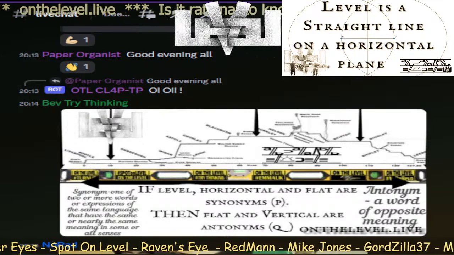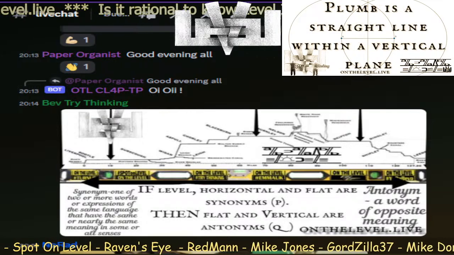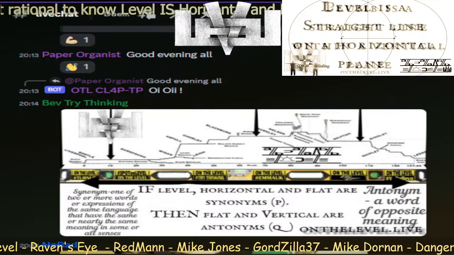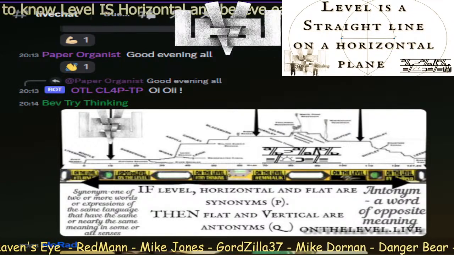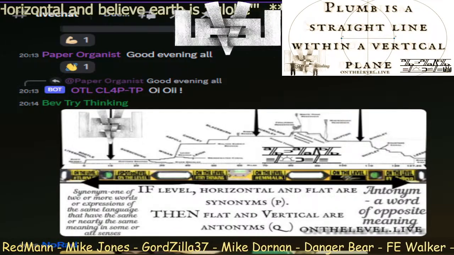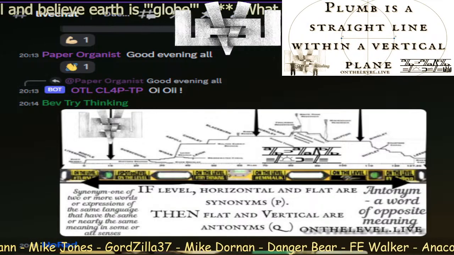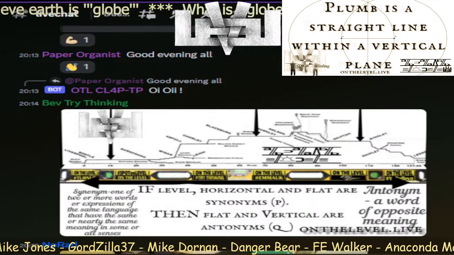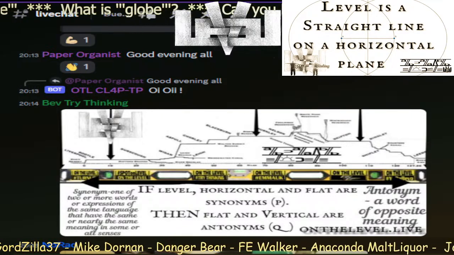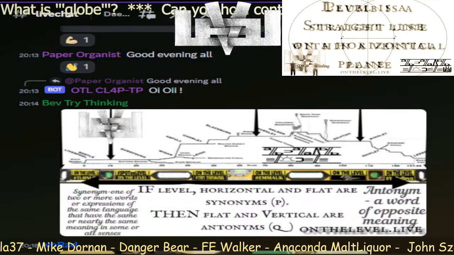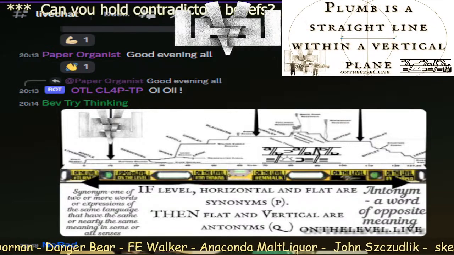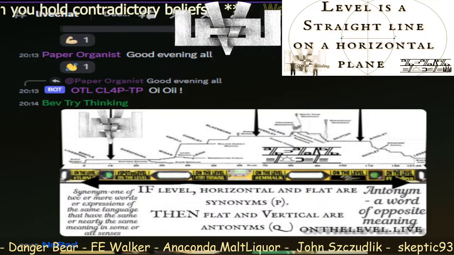So why use this word flat? Okay, some people can use that, but not within science, let's say. Not within argumentation either. Yes. So science, logic is science. So yes, if someone is trying to make an argument, don't use that word as a synonym of horizontal, because it is absurd.